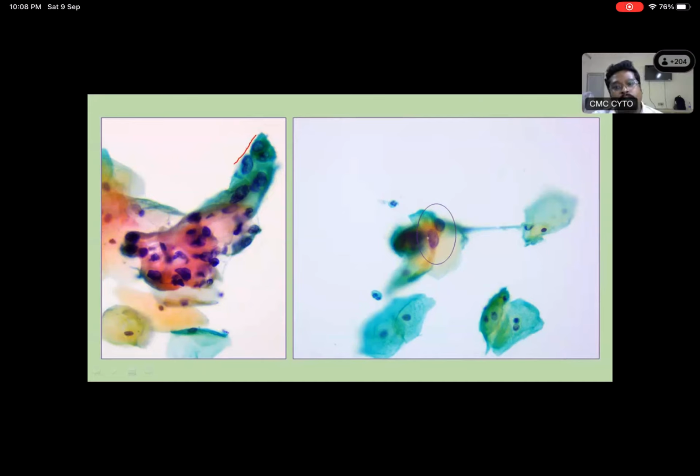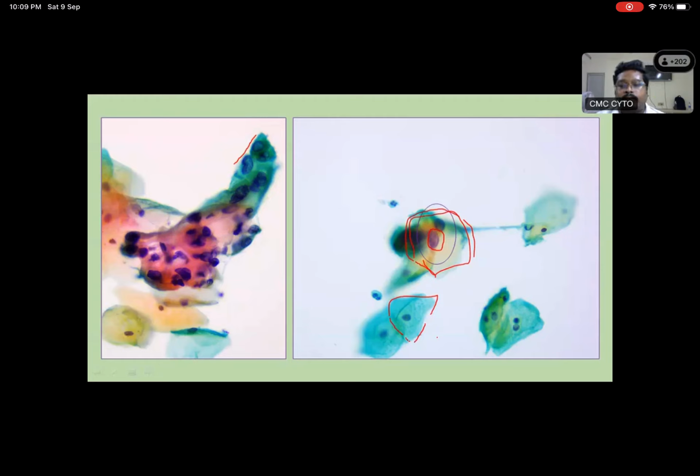So what about this? Just imagine this is the cell, okay? So this is the cell here. What you are seeing is because these clusters are 3-dimensional, so there is some overlapping of the cells. So you may not see the entire cytoplasm of these cells, okay? So here you can see this is the actual cell and this is the nucleus, okay? And what is this one?